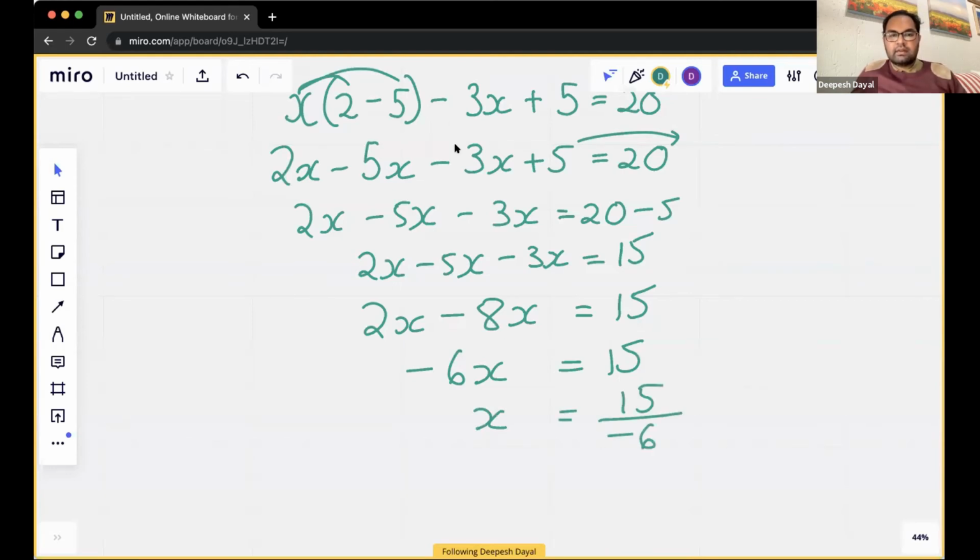The answer is going to be negative 5 over 2, so x equals negative 5 over 2. Yes, sir. Negative 5 over 2, hey? You divide by 3, hey, Kazimla? Yes. Negative 5 over 2.